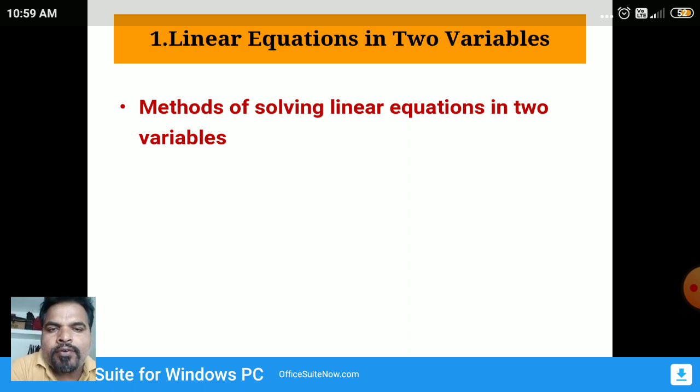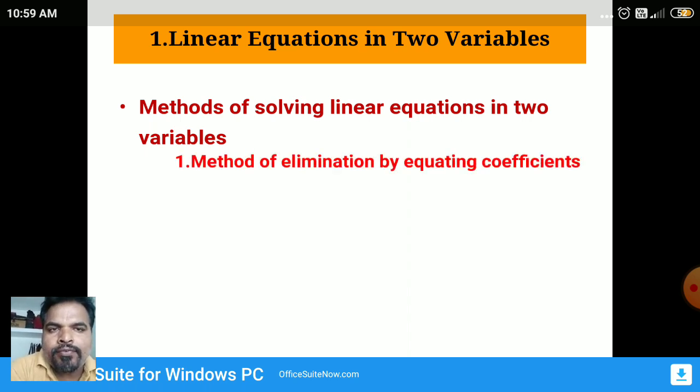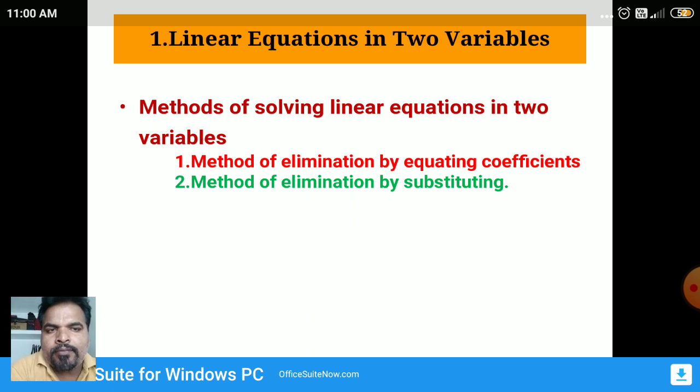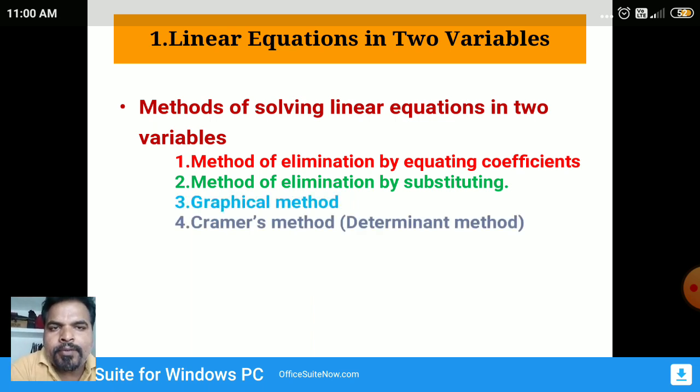In this topic we will learn the first method, elimination by equating coefficients. Second method, elimination by substitution. Third method, graphical method. Fourth method, Cramer's method or determinant method.